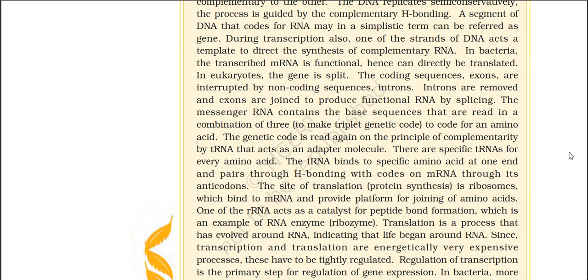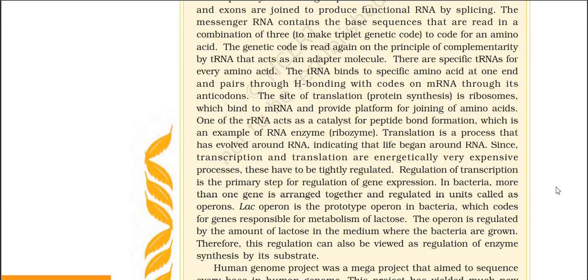The site of translation, protein synthesis, is ribosomes, which bind to mRNA and provide a platform for joining of amino acids. One of the rRNAs acts as a catalyst for peptide bond formation, which is an example of an RNA enzyme, ribozyme. Translation is a process that has evolved around RNA, indicating that life began around RNA.